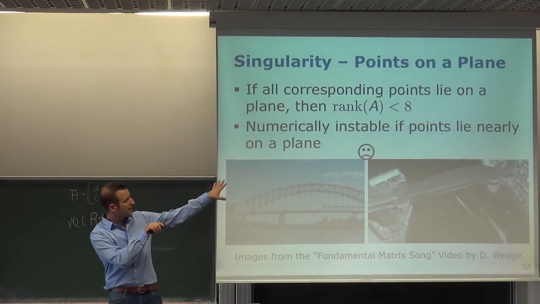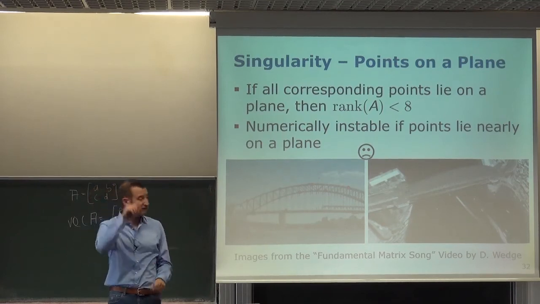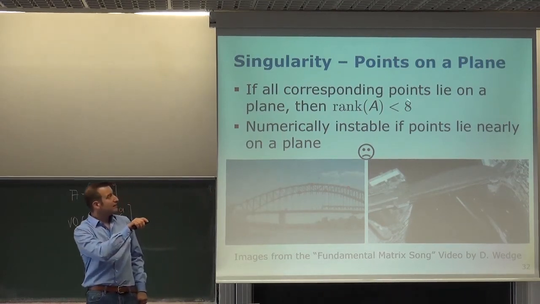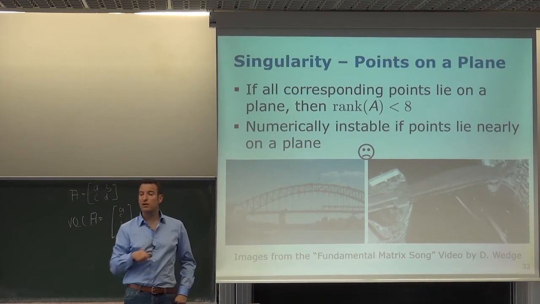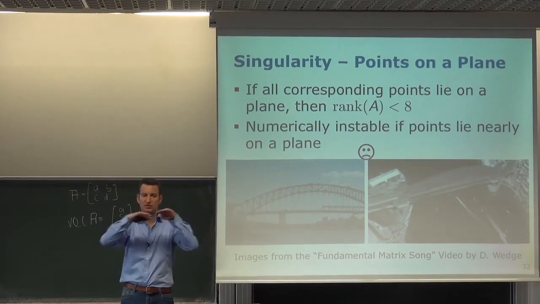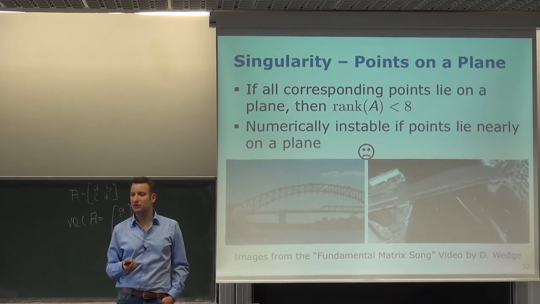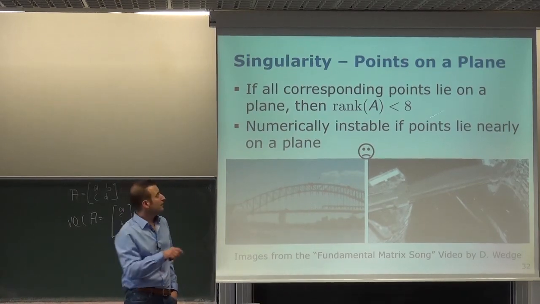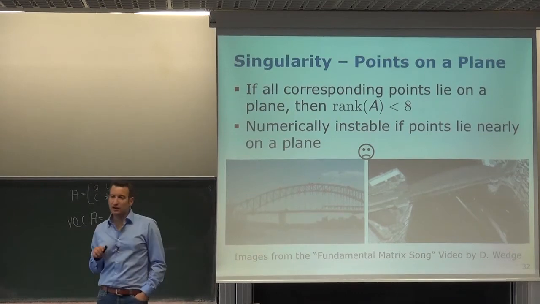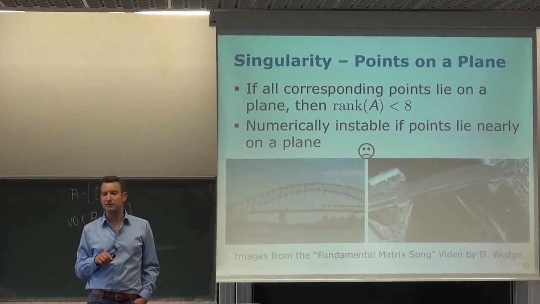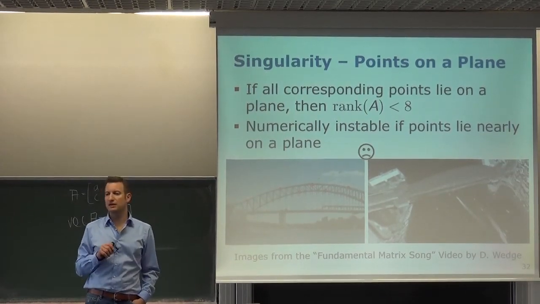Here rank 8 is correct because I have my corresponding points. Then rank A may be smaller than 8, so this was the matrix which was stacked from the corresponding points. And then I can't obtain a solution. Even if the points lie very close to a plane, this can get numerically unstable.